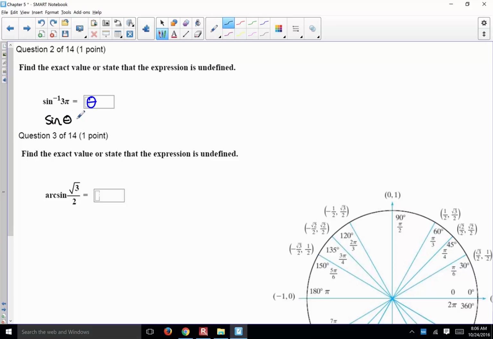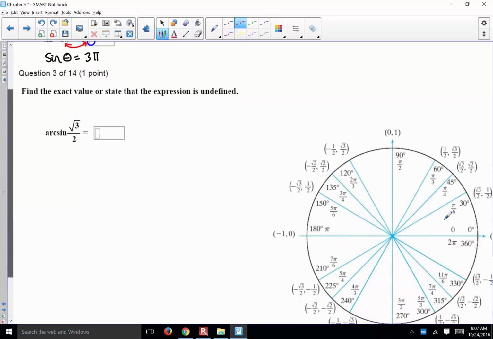Sine theta equals 3 pi. I'm flipping these two and making sine inverse into sine. Alright, tell me, on this wheel, and especially on the right side, on this range, which angle stops at a point whose y coordinate is 3 pi, about 9 point something?